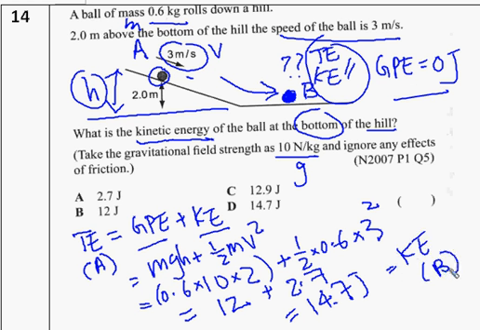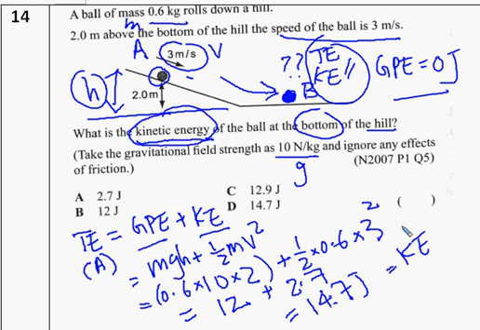So how do we work out now? To work out this part, you have to equate to half times my mass, which is 0.6, and multiply by my... Sorry, I can actually stop here, because going back to the question, it's only asking for kinetic energy.